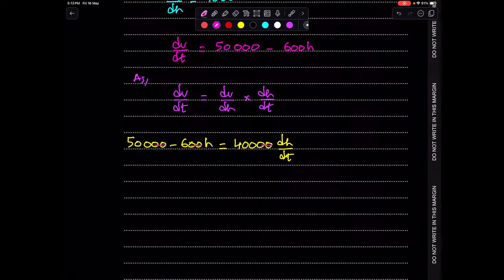So we have 500 upon 400 minus 6 upon 400 h dh upon dt.